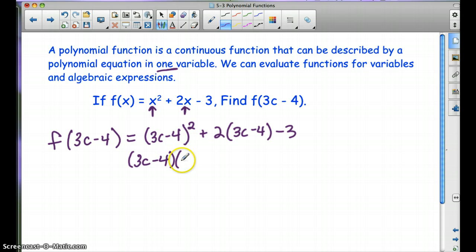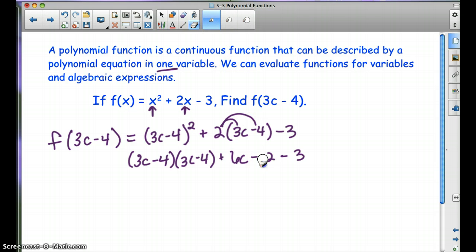Here we're going to distribute the 2, so it's going to be 6c minus 8, and then minus 3. It's not 12, it's 8. I think I'm getting ahead of myself. So let's go ahead and FOIL this out.